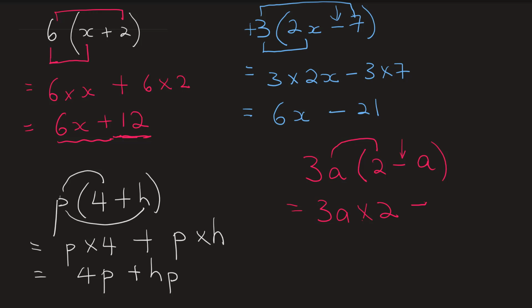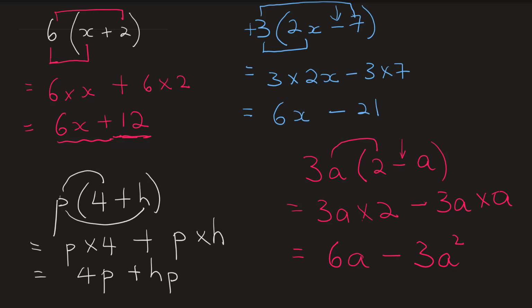So I'll put the negative sign there, and then I'll write 3a multiplied by a. Tidy up. 3a times 2 is 6a minus 3a times a is 3a squared. And that's your final answer.